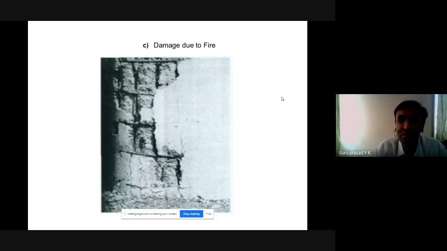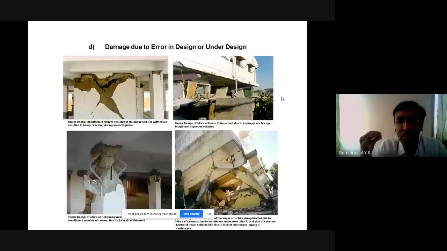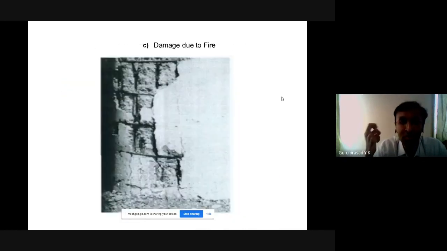What happens in the case of high temperature? Concrete undergoes damage in the form of loss of bound and free water in it. All of us know that we add water to concrete, especially when we are going to mix concrete. The ingredients of concrete are cement, fine aggregate and coarse aggregate, water and admixtures.